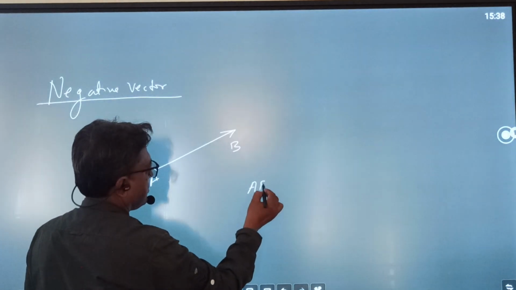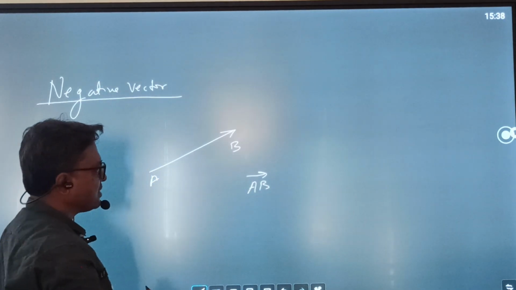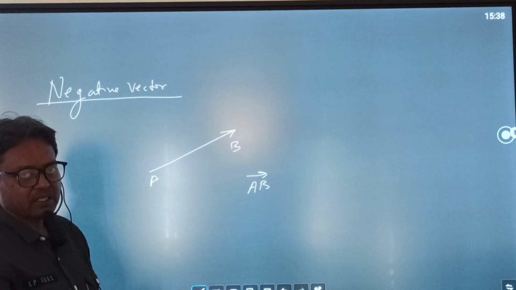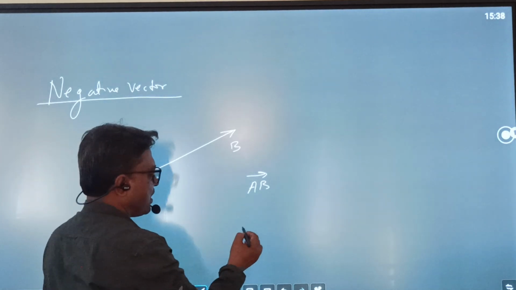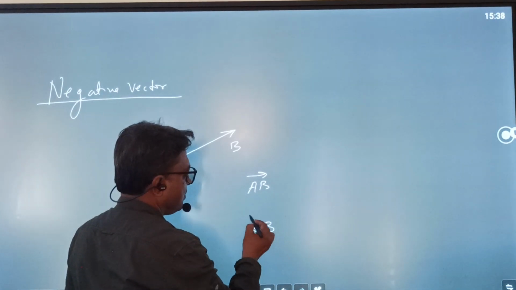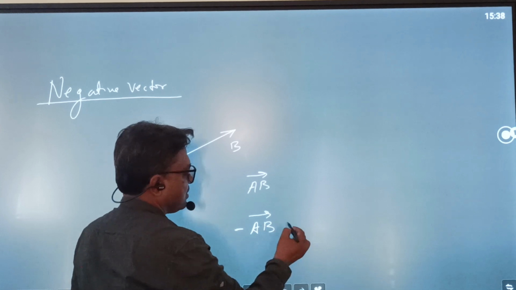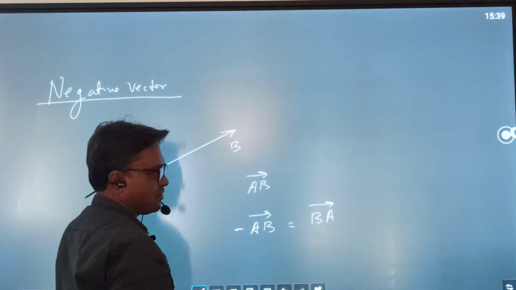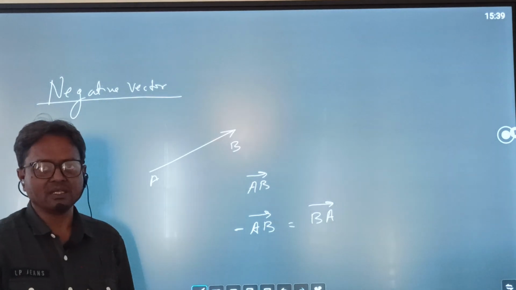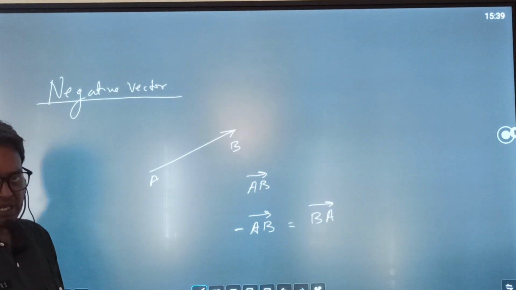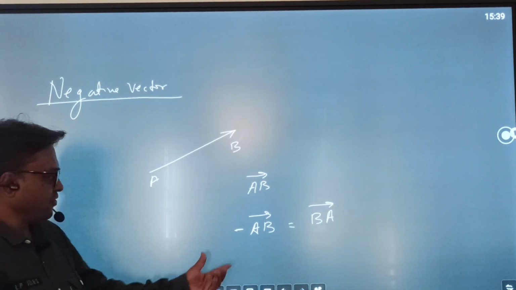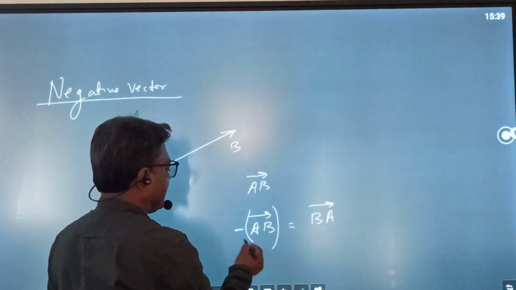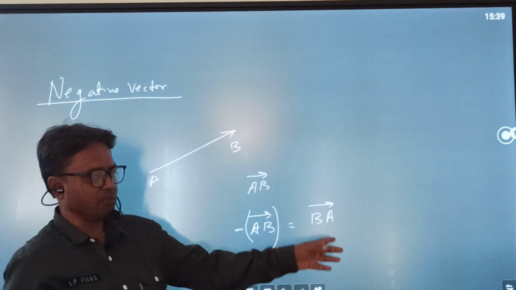Vector AB is a vector directed from A to B. Now if I multiply vector AB with a minus sign, it simply becomes vector BA. AB becomes BA.